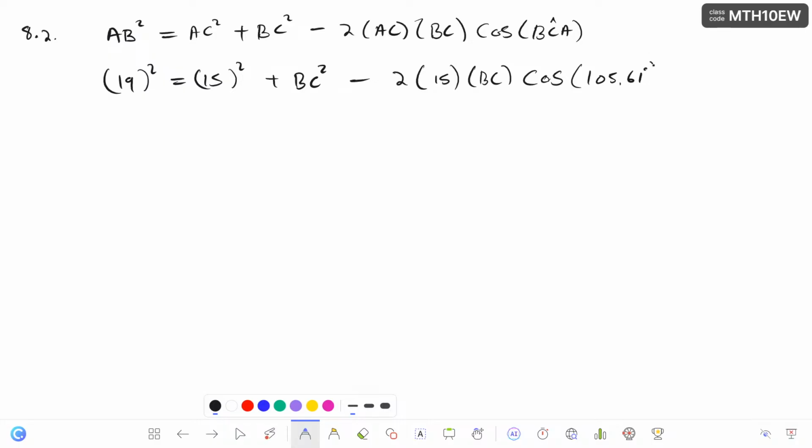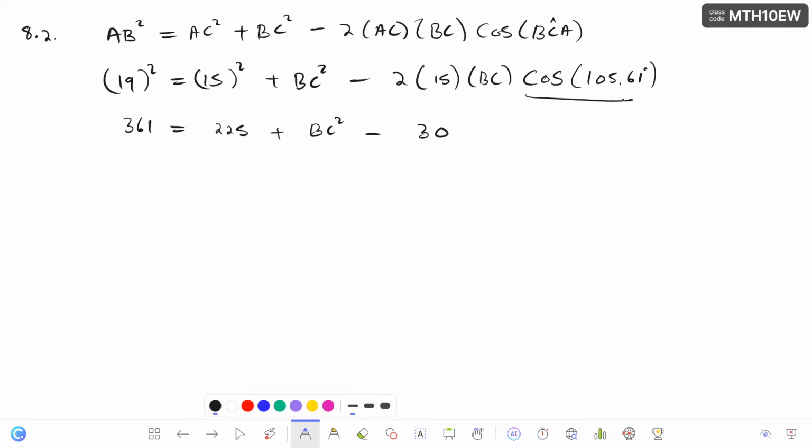105.61 degree. So using my calculator, 19 squared is 361, which equals 225 plus BC squared minus this one.